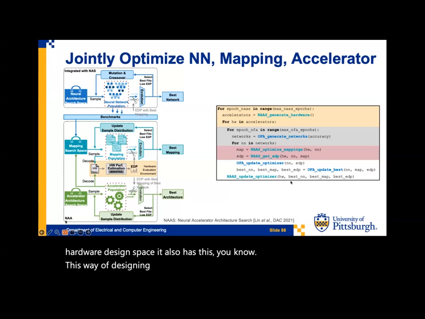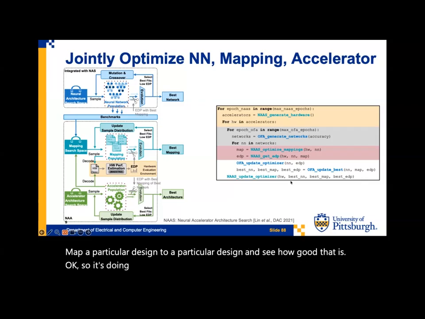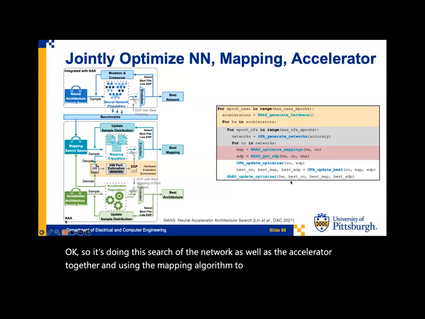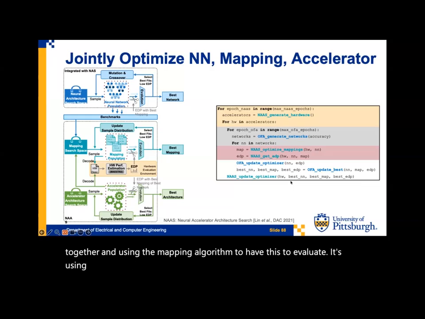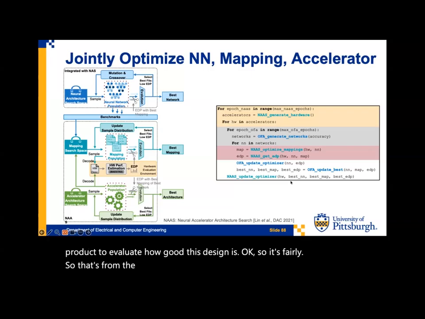The mapping algorithm maps a particular design to a particular hardware and sees how good that is. So it is searching the network as well as the accelerator together, using the mapping algorithm to evaluate. It uses EDP, the energy delay product, to evaluate how good this design is. So that's from the higher level.